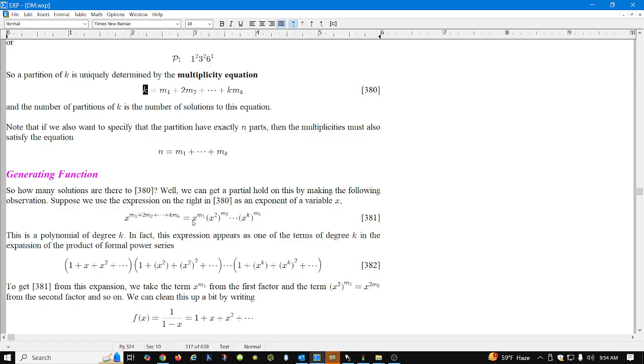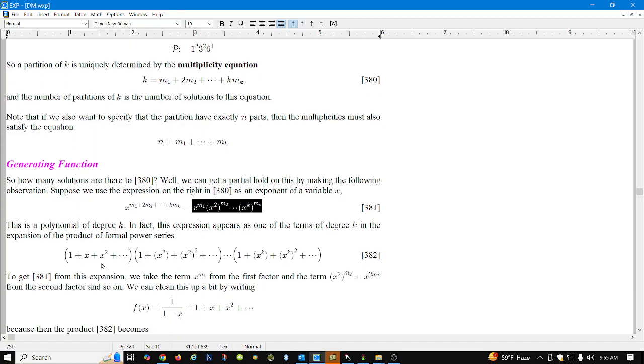To get this expression, what do we do? Well, we take the x to the m1 term from here. We take the x squared to the m2 power from here, and so on. And when we take those terms and multiply them, we'll get this.